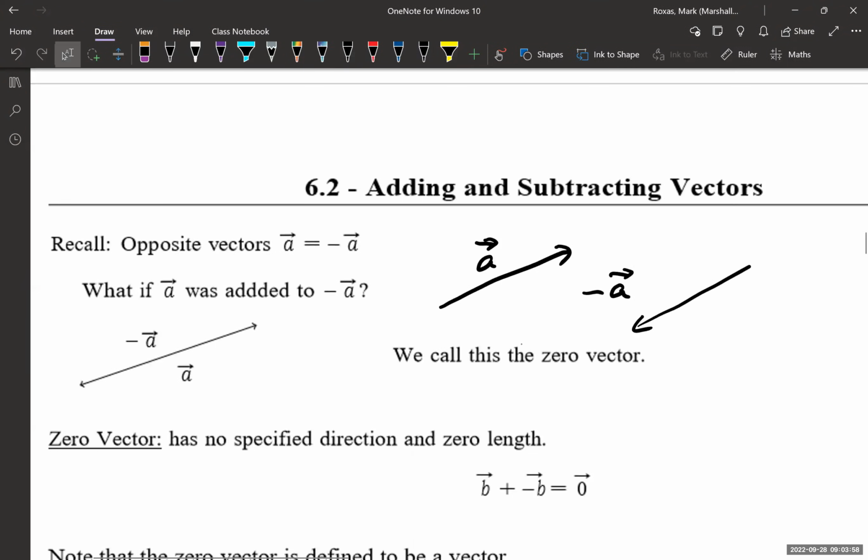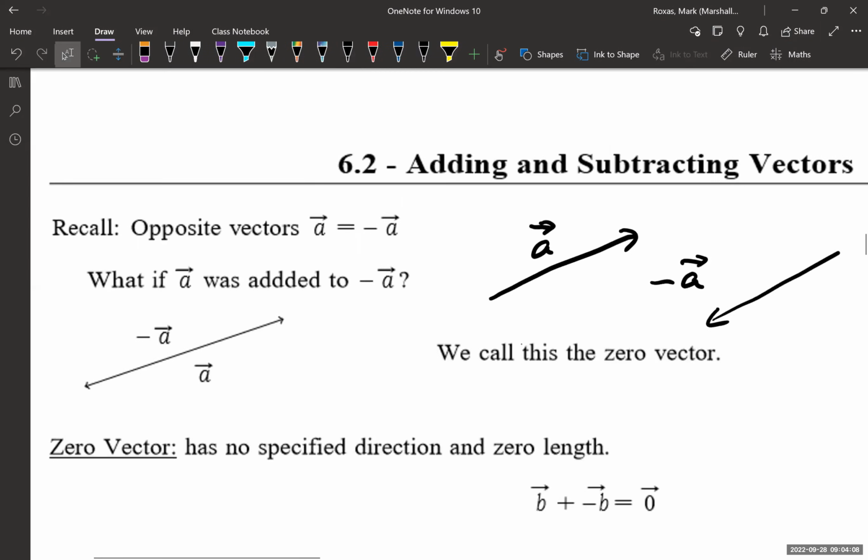Now, if I were to add these two vectors, the thing about opposite vectors is that they don't make a triangle, right? I don't get a little triangle law action going on here. It's just going one way and then back down, up, then back down. So wherever you start is also where you end, okay? So there is like zero change, but I wouldn't say zero is the answer, right?